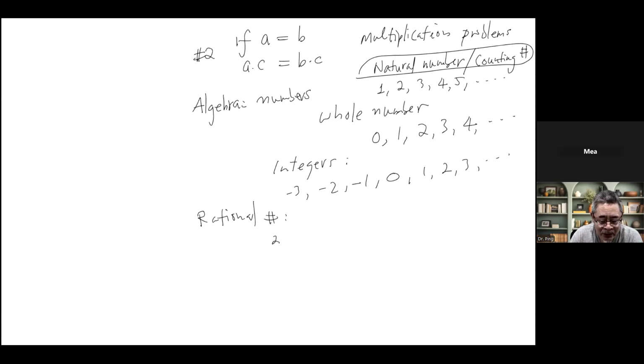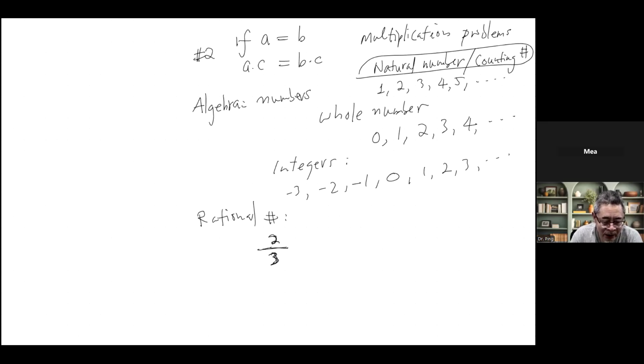It's not an integer anymore. So this is a fraction, and because we see fractions in our daily life, we have to have a name for it. So the name is rational number, and the rational numbers also include integers.